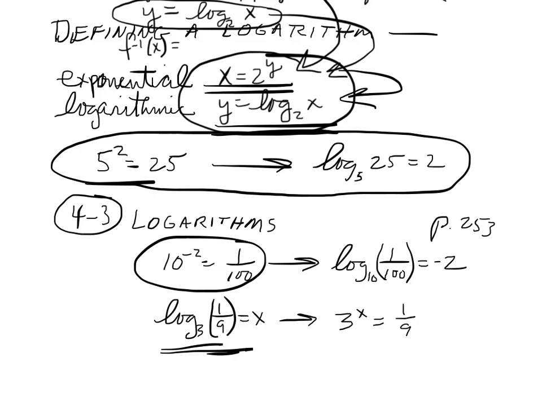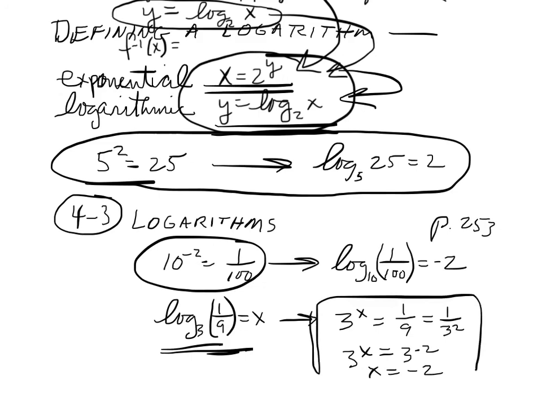And then all I have to do is realize, well, 1/9 is 1 over 3 squared. And 1 over 3 squared is 3 to the negative 2. So 3 to the x equals 3 to the negative 2. x equals negative 2.